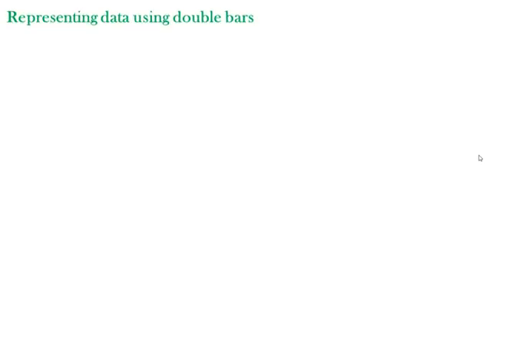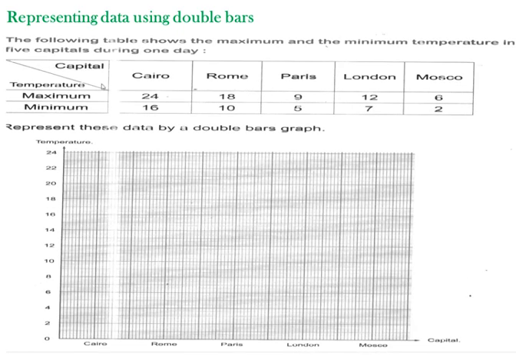The next type of representing data is using double bars. How do we represent data using double bars? We have an example. The following table shows the maximum and the minimum temperature in 5 capitals during one day.